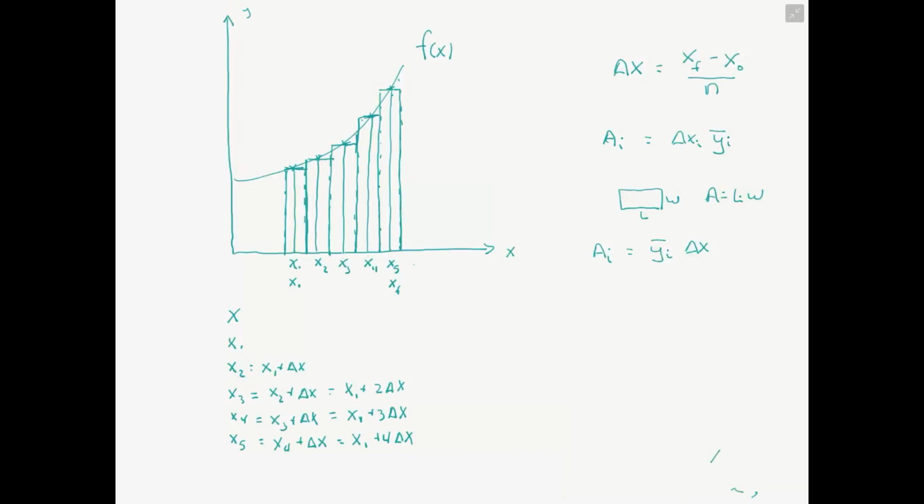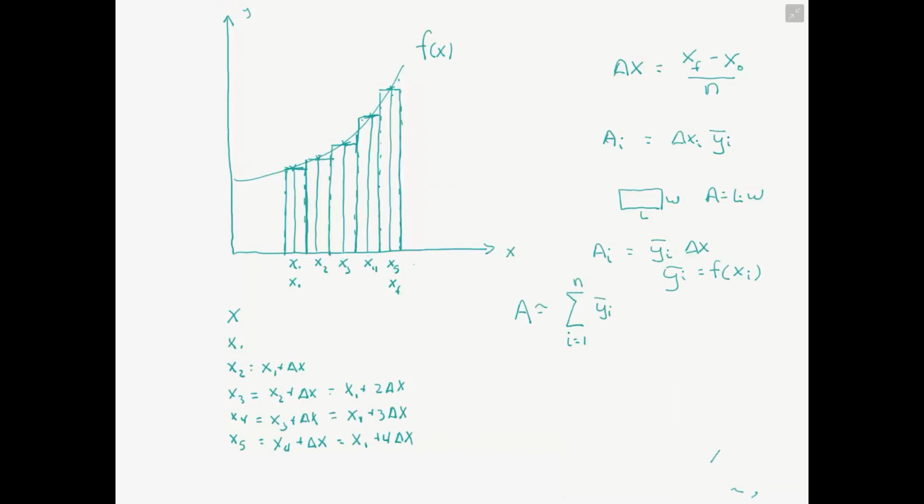And we get the total area between x final and x1. We say that area is approximately the sum from i equals 1 to n. But remember, y average i equals f of x i.